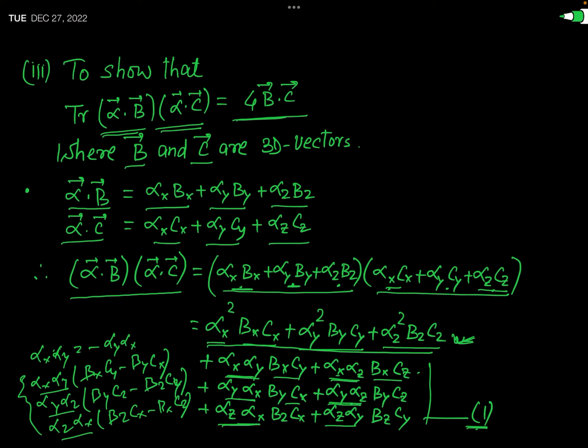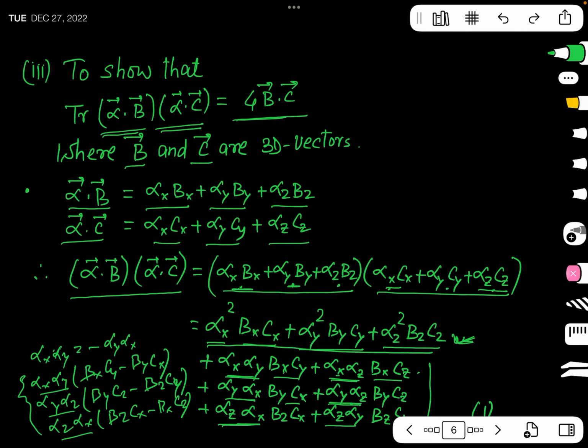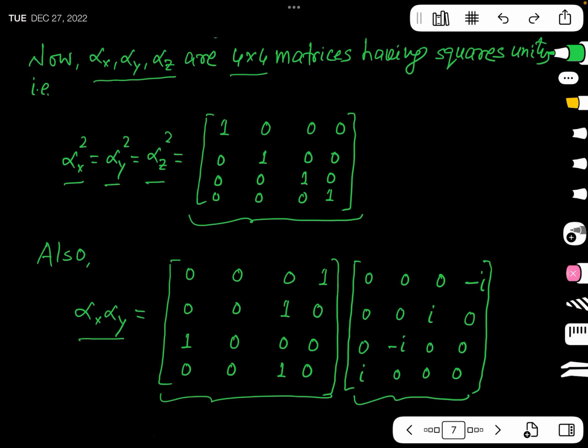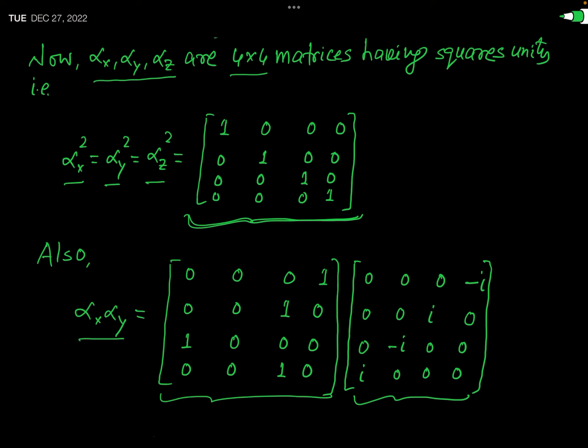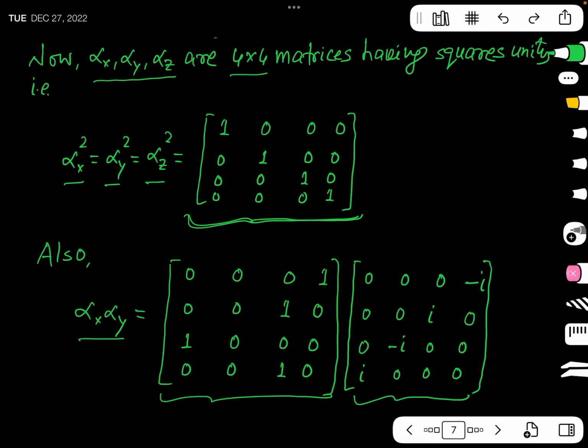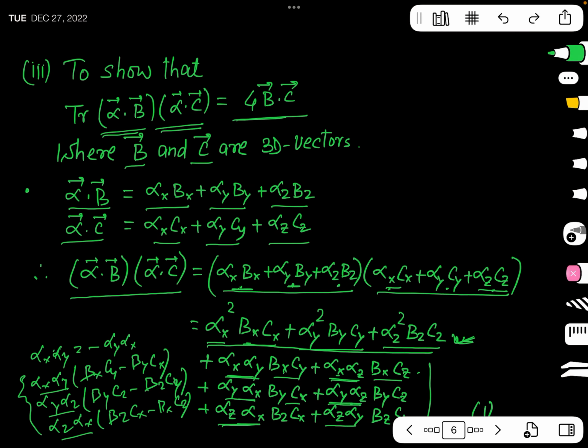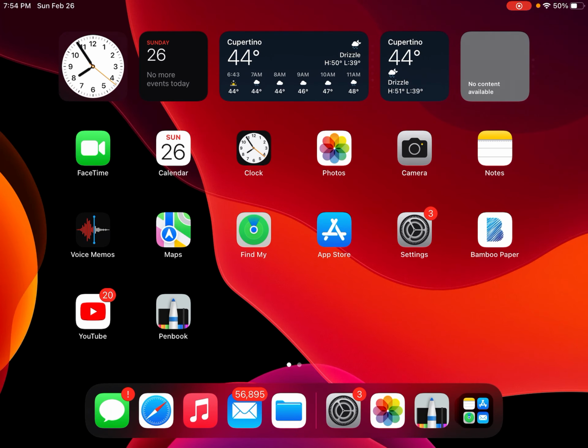All these matrices are equal, and that matrix is equal to this. So instead of alpha x square, alpha y square, alpha z square, we will write this matrix as a common factor, and the remaining term will be bx cx plus by cy plus bz cz.